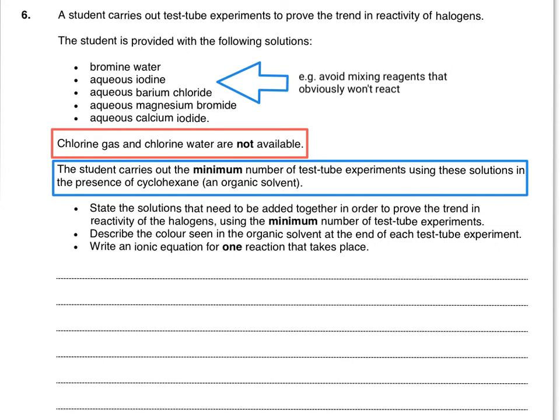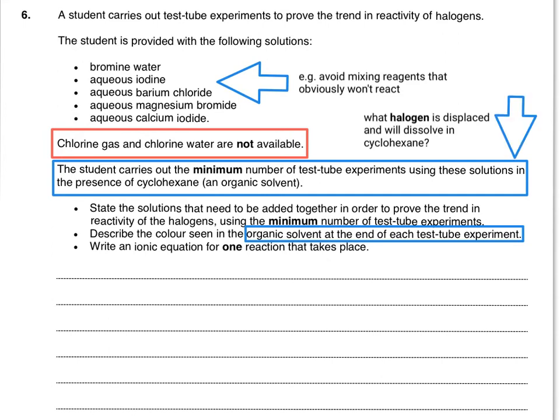In other words, you don't want to waste time. Then it says describe the colour seen in the organic solvent at the end of each test tube experiment. So in other words, what halogen is going to dissolve. Then it says write an ionic equation for one reaction that takes place. So not all of them, just one is enough.